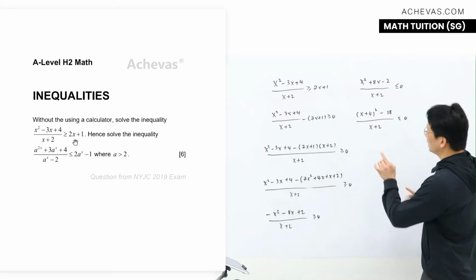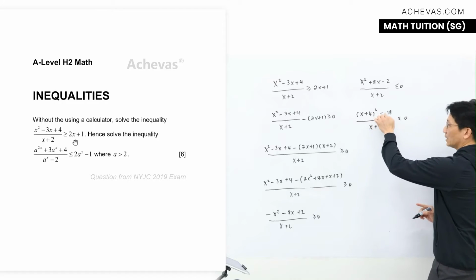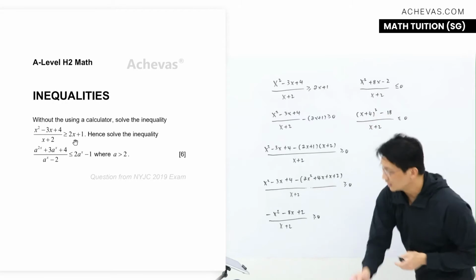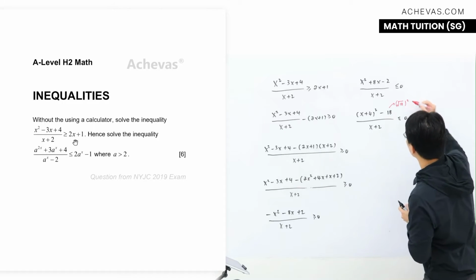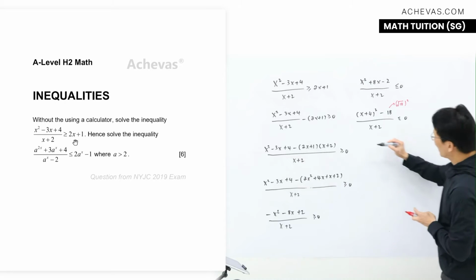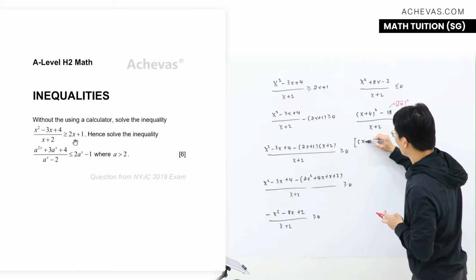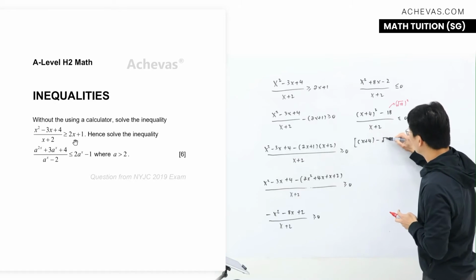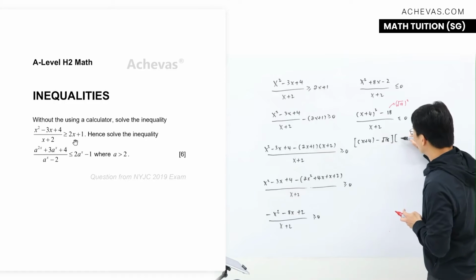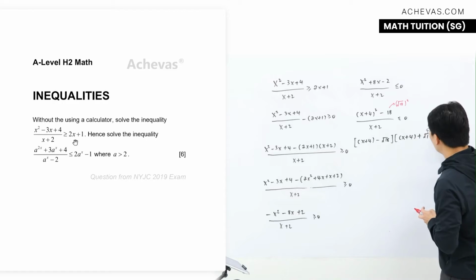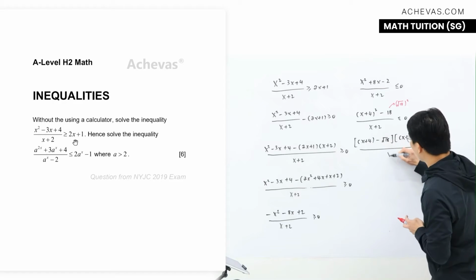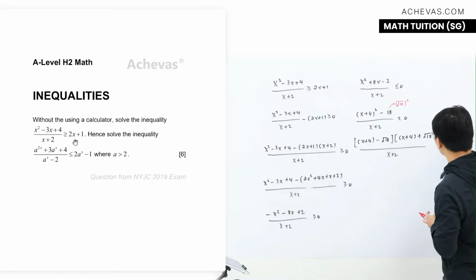Right, so we can see this is like a squared minus b squared. I can imagine this to be the square root of 18, whole thing squared. Factorizing this, I will get (x plus 4 minus root 18)(x plus 4 plus root 18) over x plus 2 lesser or equal to 0.